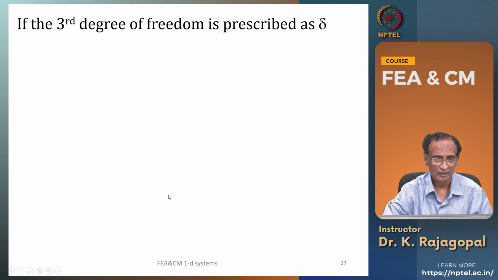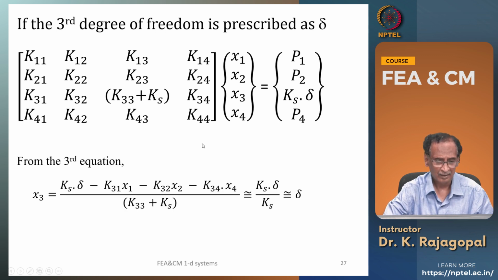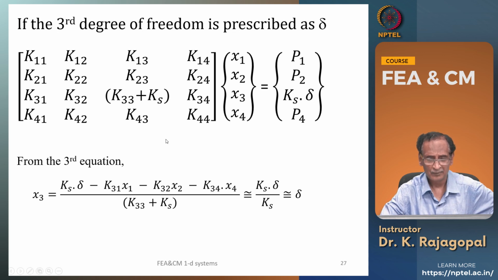Okay. So, that we can see with an example. On the same problem, say we are constraining the third degree of freedom to some delta, and we can add the Ks to the diagonal element of this stiffness matrix, and then on the right hand side we can apply a force equal to Ks times delta, and this Ks is so large that compared to all the other forces that are developed, like K31 times x1, K32 times x2, K34 times x4, they are very small and negligible, and so our x3 after doing the calculations will be approximately equal to delta.